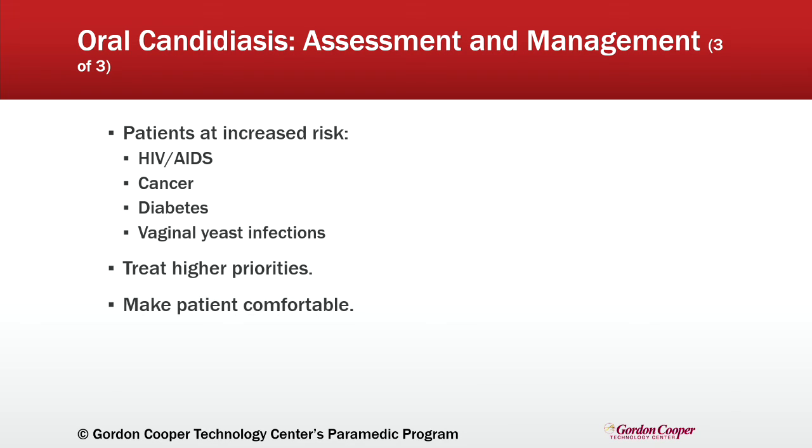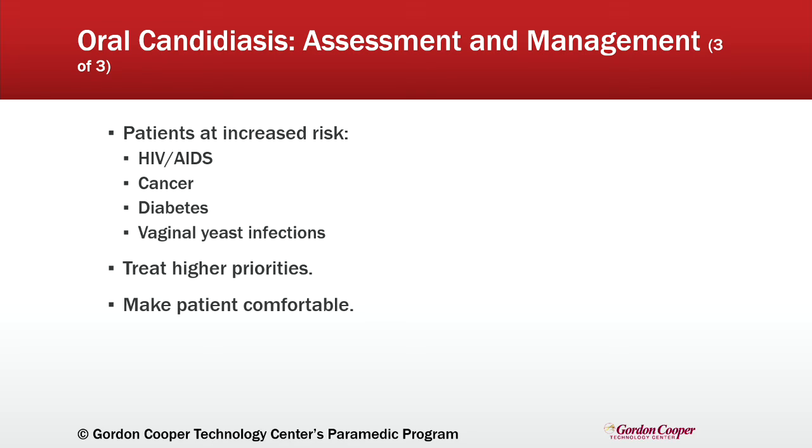These patients are at increased risk. The patients at increased risk are the ones that have a medical history of things like AIDS, cancer, diabetes, vaginal yeast infections, or anything that would indicate an otherwise compromised immune system. Those are the patients that definitely need to make sure they get this treated.